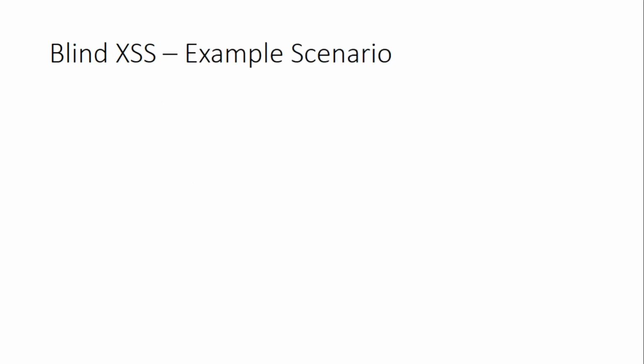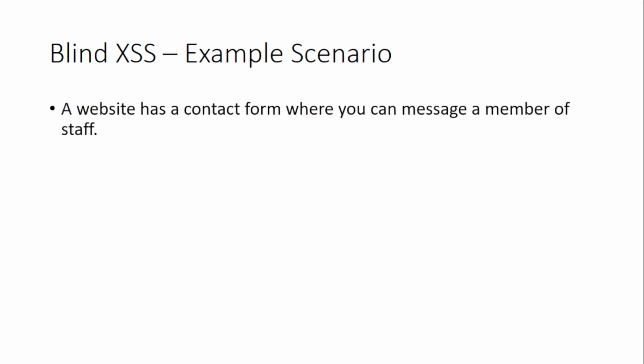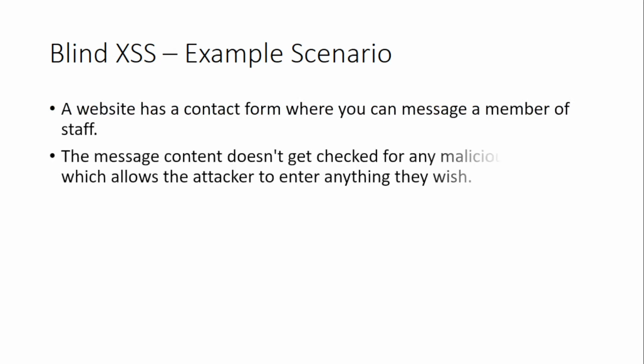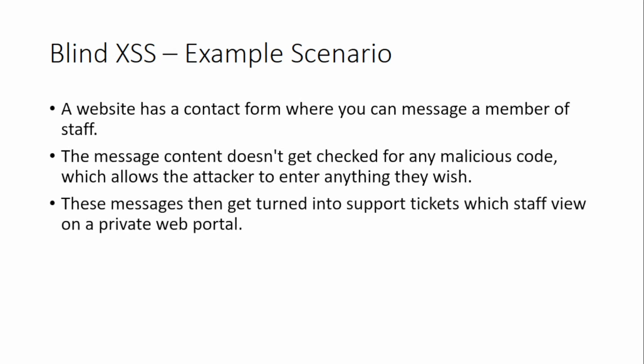An example: a website has a contact form where you can message a member of staff, and the message content doesn't get checked for any malicious code, which allows the attacker to enter anything they wish. These messages then get turned into support tickets which staff view on a private web portal.